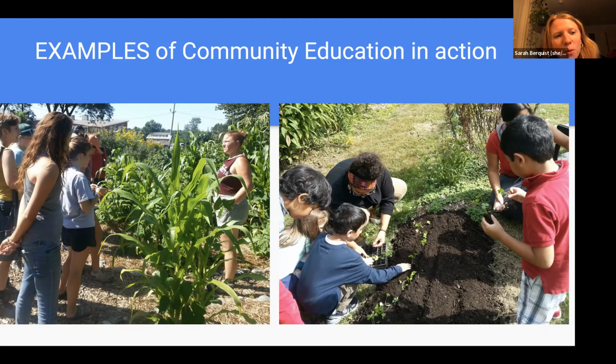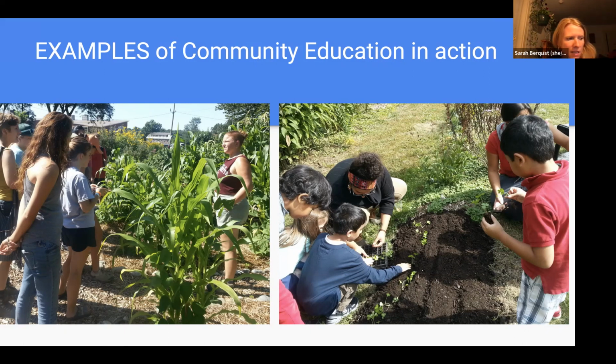This is an old school, deep cut picture of the UMass Permaculture Gardens, a tour happening there. And then on the right, it was a former ag leadership student, Shoshi Salazar, former TA, leading some kids in a workshop doing planting. So it can really look a lot of different ways.